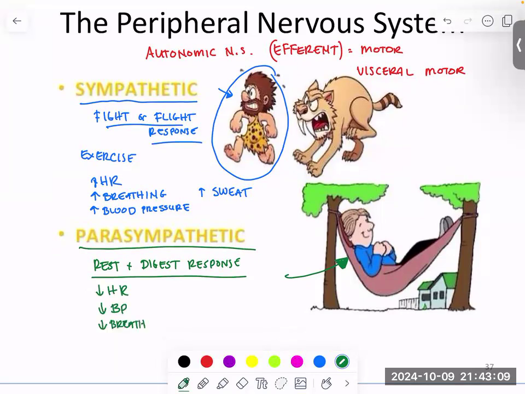What is it going to do to sweat production? Nothing. You don't need it. Your sweat's naturally not producing anything. So it does nothing to sweat. What does it increase? Digestion activity. Enzymes. Acid production. Peristaltic contractions, moving the food through. That is a rest and digest response.